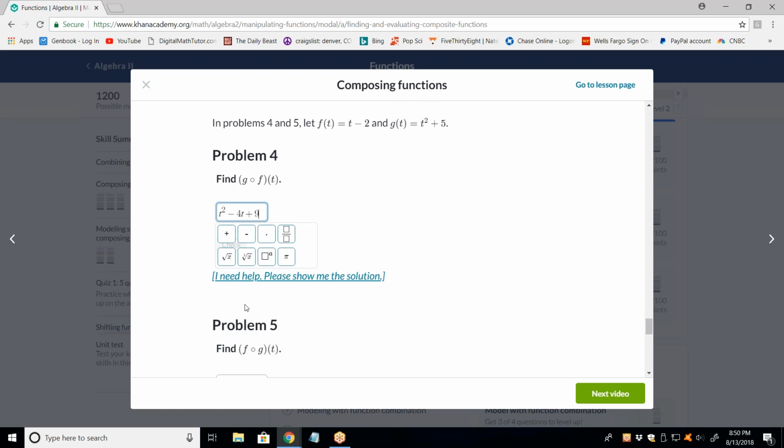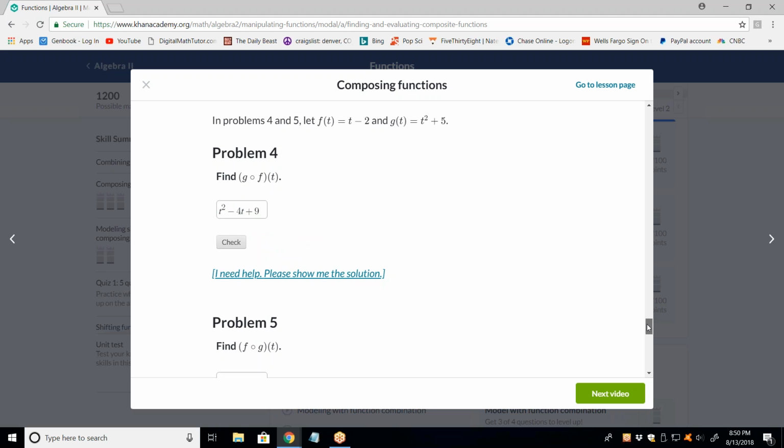Waiting for the check to come up. They're a little slow here. What am I doing wrong here? There it is.